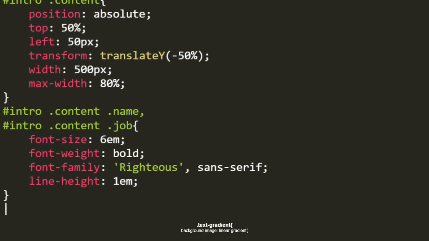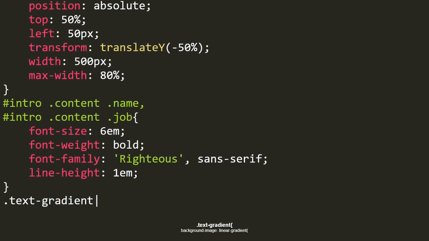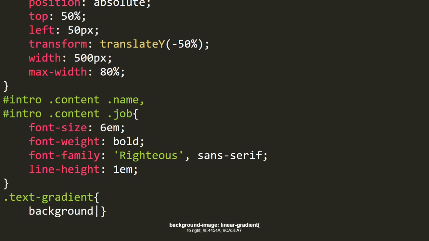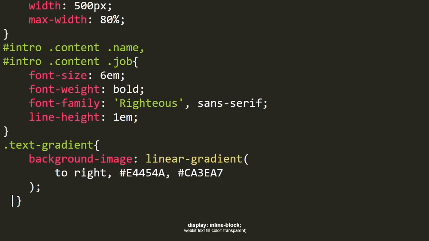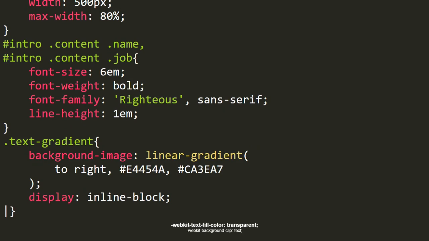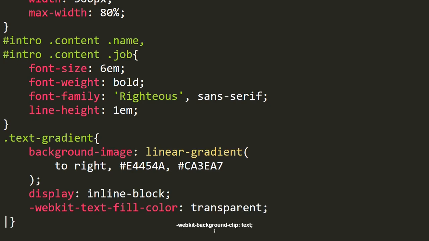Dot text gradient: background image linear gradient, display inline block, webkit text fill color transparent, webkit background clip text.